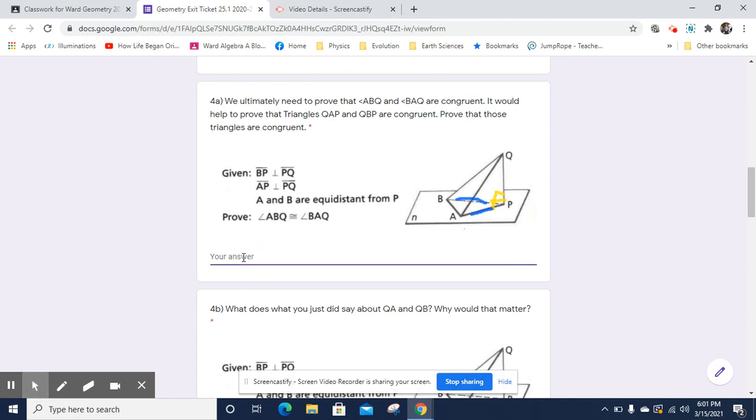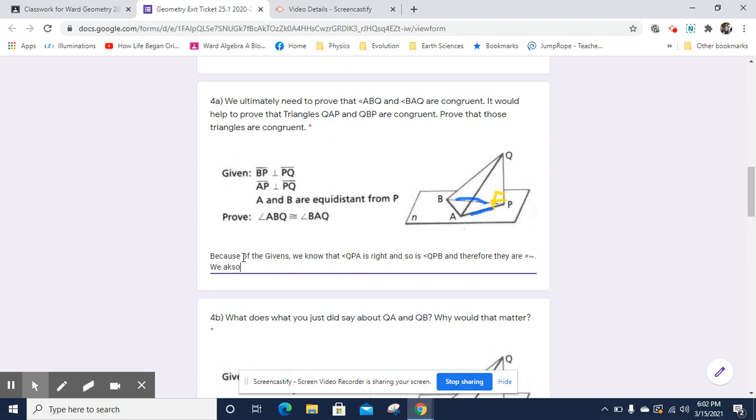Because of the givens, we know that angle QPA is right, and so is angle QPB, and therefore they are congruent.